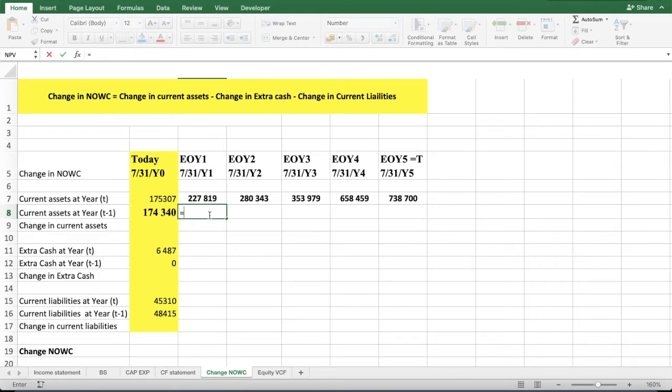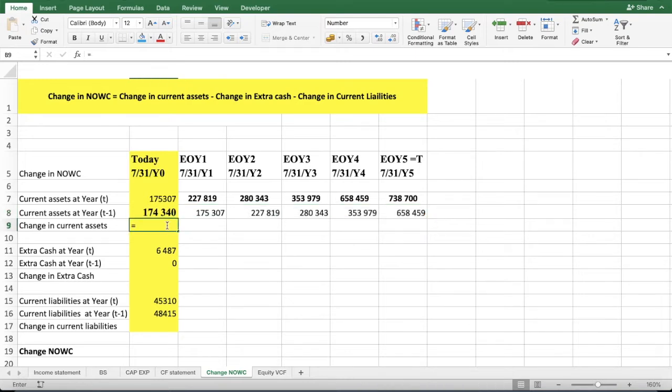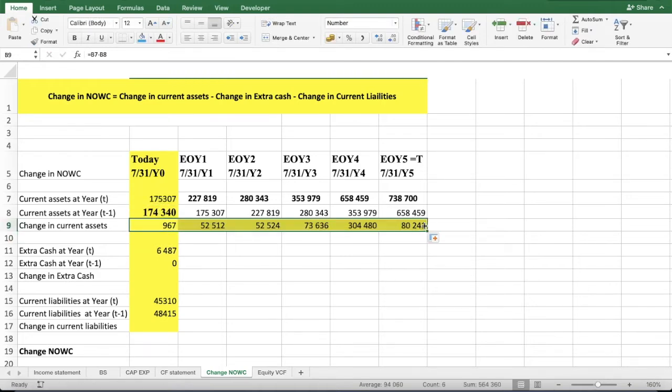So for year 1 it will be year 0, since it is T minus 1, so equal to this cell B7, and scroll until year 5. And finally, the change in current assets is equal to year T minus year T minus 1. So this is the change in current assets.